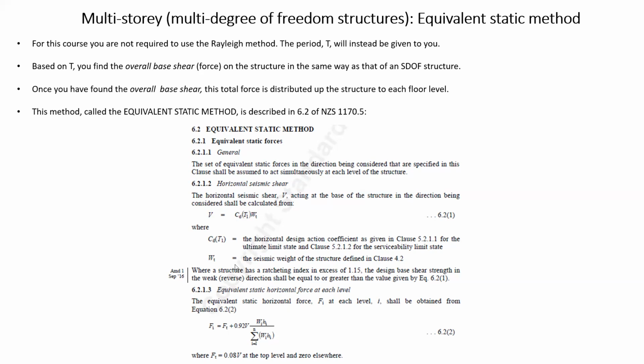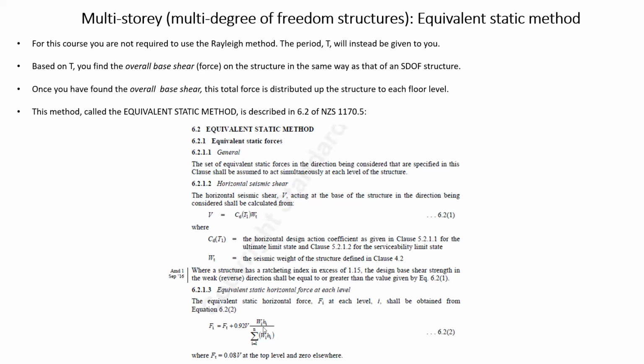Where a structure has a ratcheting index in excess of 1.15, don't worry about that one. But this is the way you distribute your forces up the structure. You have your total sum of Wi times Hi, a single figure for the entire structure.